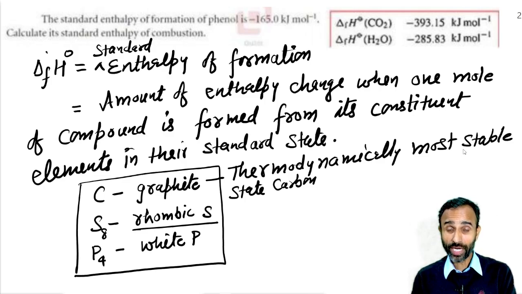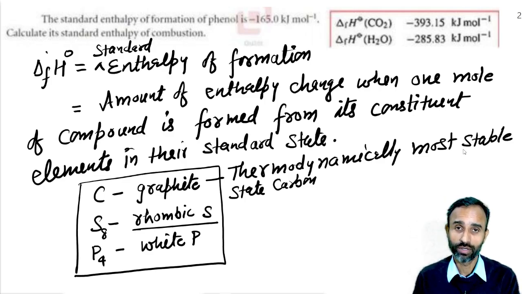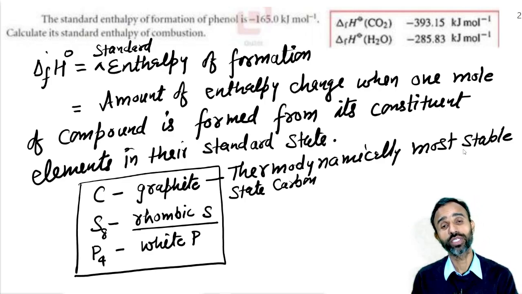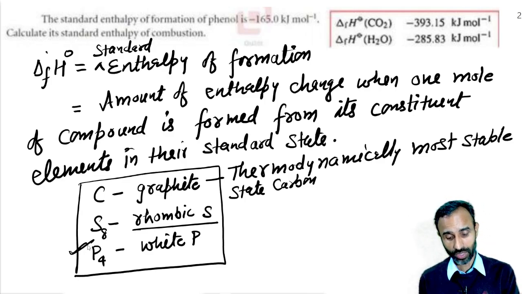But white phosphorus is not thermodynamically most stable, but it is abundant. That's why. Otherwise, white phosphorus is least stable. The most stable form of phosphorus is black phosphorus. But white phosphorus, being abundant, is the standard form of phosphorus.